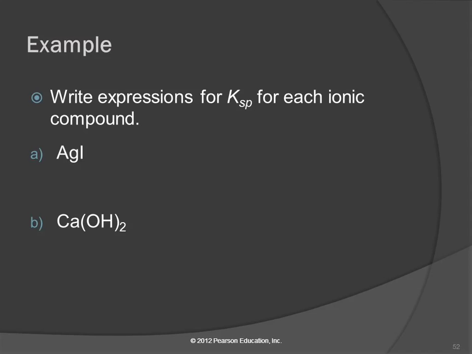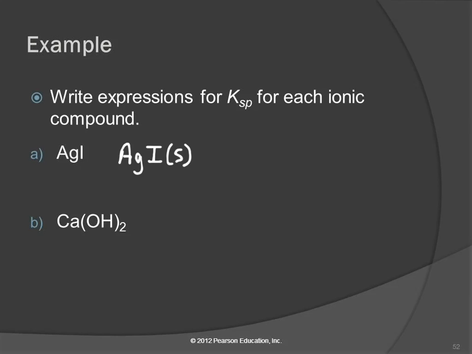So let's write KSP expressions for each of these ionic compounds. We're going to start with the compound listed as the reactant. So AgI, and that's a solid, and we're going to dissolve it in water.